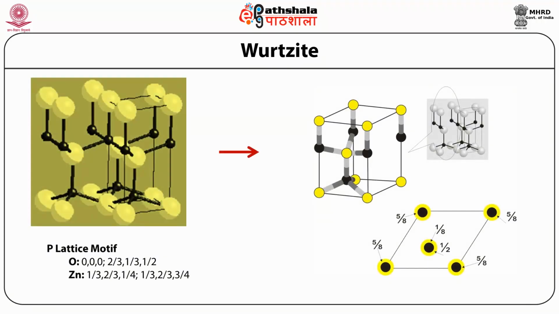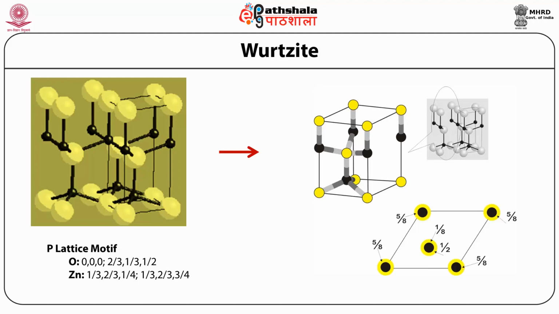Now let us analyze how this wurtzite structure looks. In this figure, you can notice that all tetrahedrons point in one direction, that is along the C-axis of the unit cell, and they share the corners. Here the lattice type is primitive and HCP.